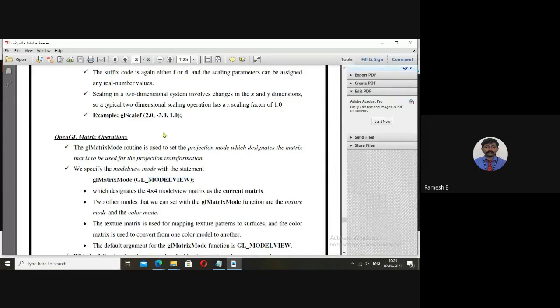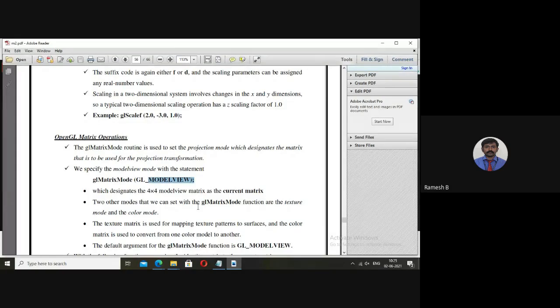Similarly, if we pass here gl underscore texture, it shows you the texture view. If you see a stone, how the stone looks like, how the stone appears, that kind of thing is achieved by using gl underscore texture.